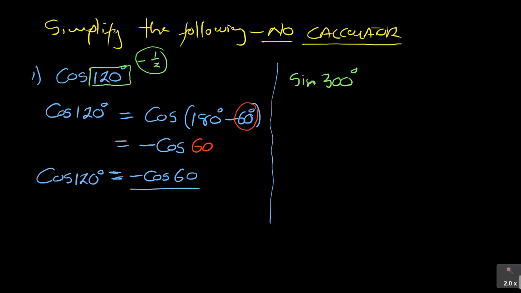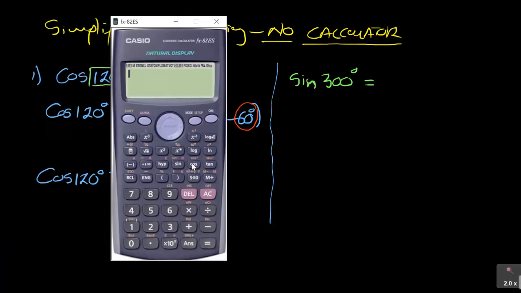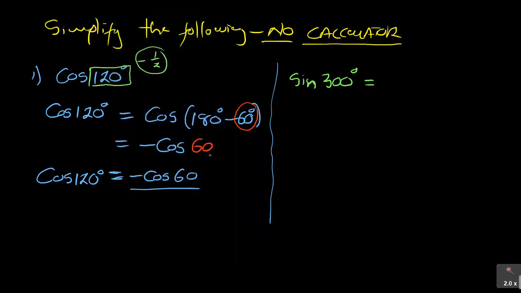Now the first question I ask myself is, by the way, use your calculator to find what is sine 300, and sine 300 is equal to negative root 3 over 2. So you can have that quickly to say this is negative square root of 3 over 2. But now let's prove that with our normal working.